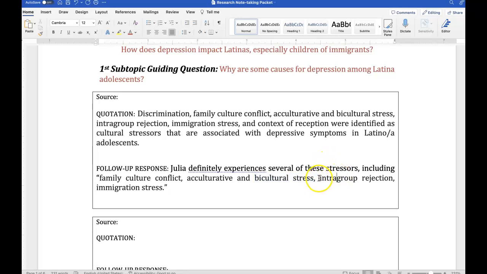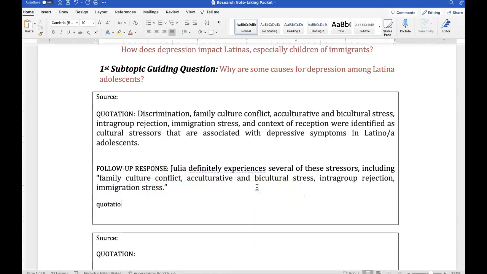I could talk about how her immigrant family, aunts and uncles, don't understand why she would prefer to read a book rather than sit at a party. I could talk about the application where she felt stressed because she was worried that if she admitted her parents were undocumented, her parents might be deported. Any one of these, okay? So I would go in and explain these, and then I would probably find a quotation to support this.